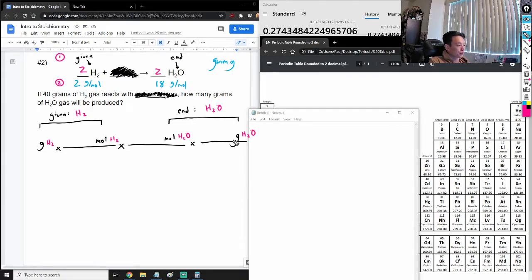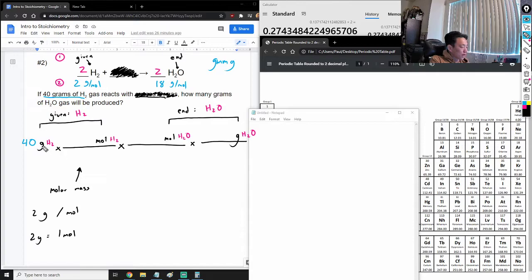So let's do that. We know that the first one right here is just going to be our given. So our given is 40 grams of H2. So we're going to write 40 grams of H2. We said earlier that for the first fraction, we get the numbers from the molar mass. Here we have the molar mass of H2. H2 is 2 grams per mole, and this is the same thing as 2 grams equals 1 mole.